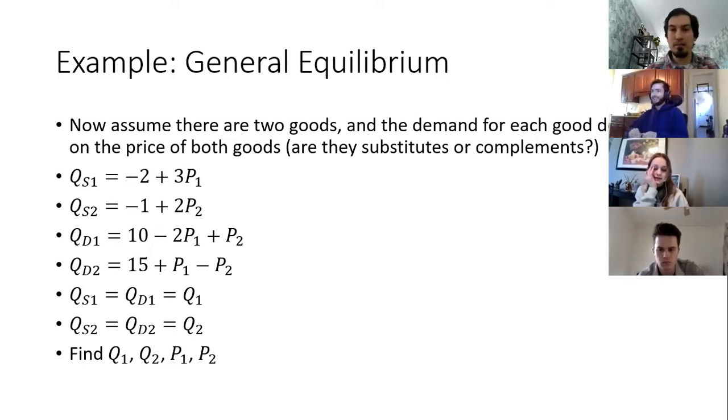Okay. That means I'm going to have to write this down. By the way, when I write this down, I'm going to directly write it as Q1, Q2, P1, P2. I'm not going to write the S1 and the D1, anything like that. Okay? So here's what I'm writing down. Q1 equals -2 plus 3 P1.